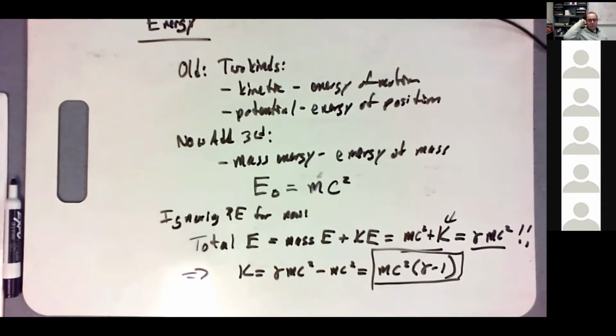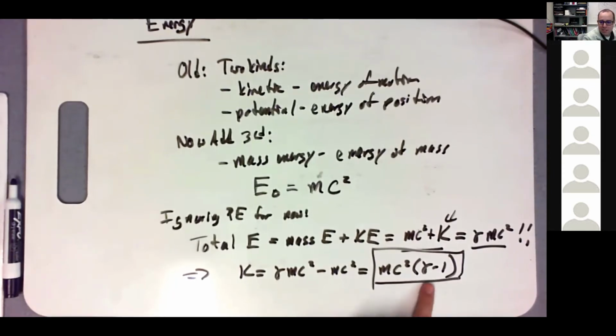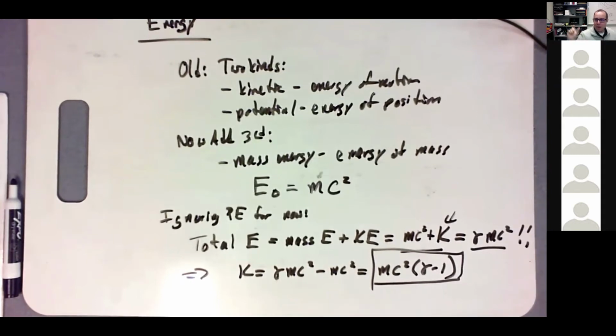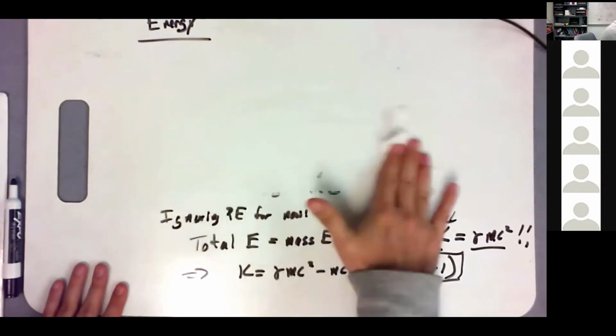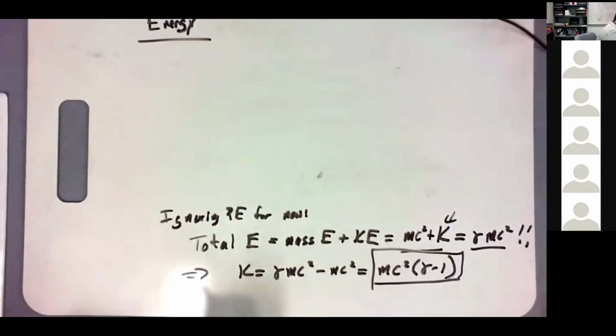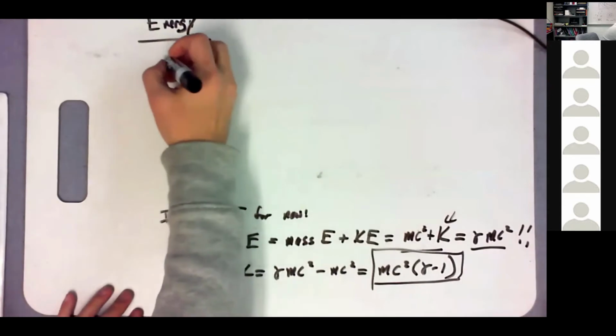You know that as beta goes to 0, gamma goes to 1, but that's not going to help you. That's just going to make this term go to 0. We need to think more about the limit as beta goes to 0. So let's make sure that this has the right limit. Does it have the right limit?